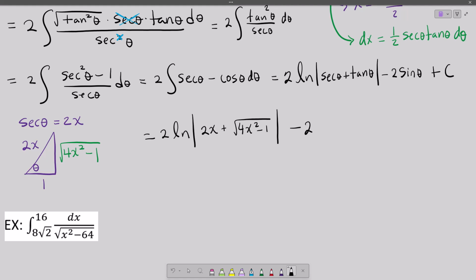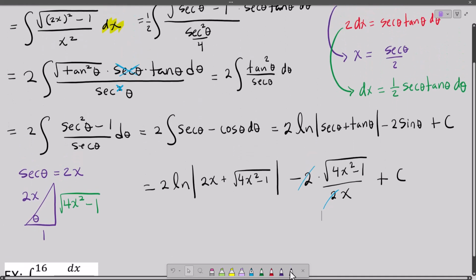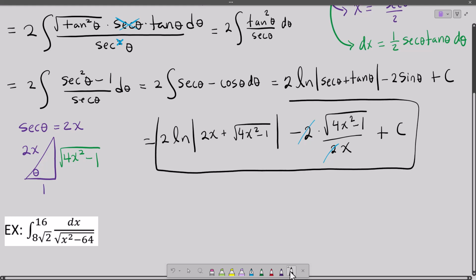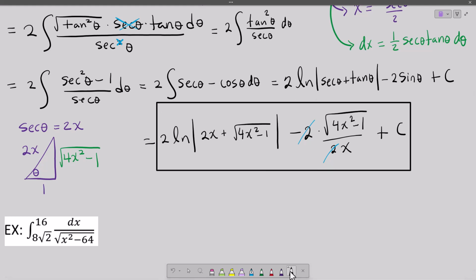We look over here, sine of theta is opposite over hypotenuse. So opposite over hypotenuse plus c. And the only thing I see that's canceling is the 2's are canceling. So there is our final answer.